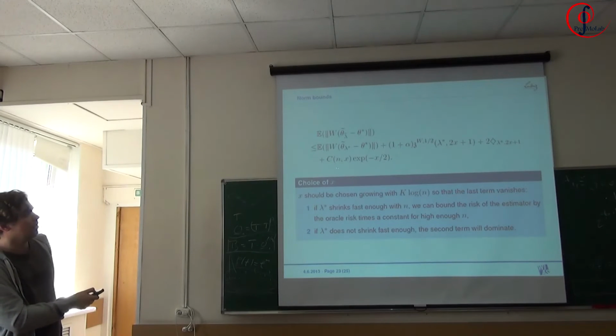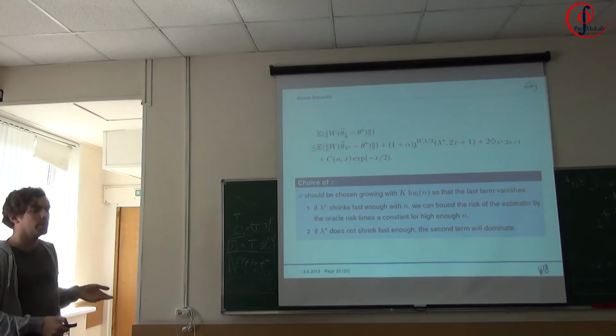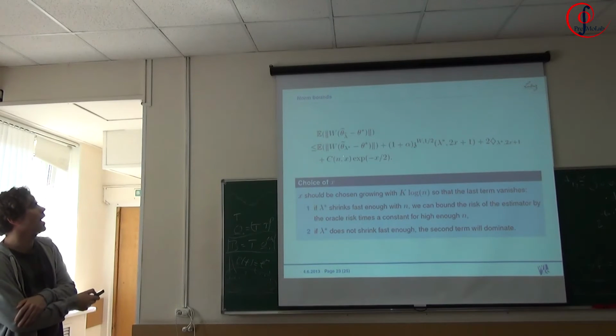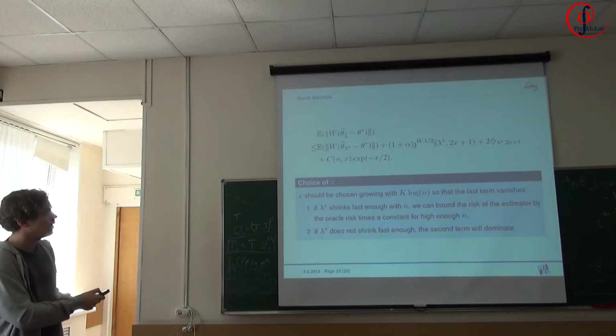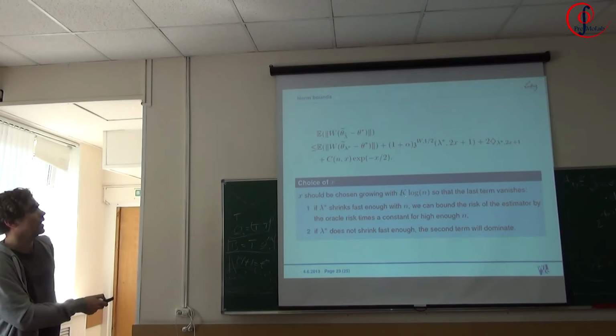I mean, this won't grow too fast, we know this. I won't show you the term, it's quite long, but it just grows polynomial in n or in x. So we can just take some log n factor here for the x. And so this will really dominate if we take k high enough. And this will go to 0 too.